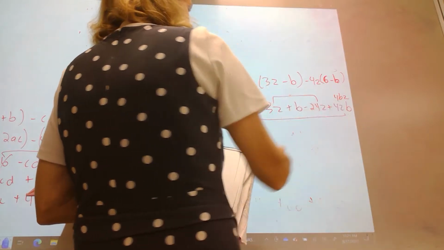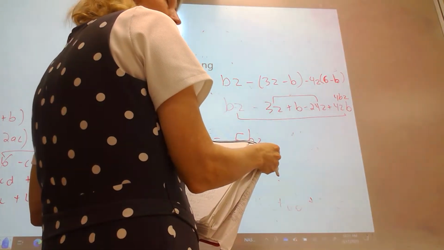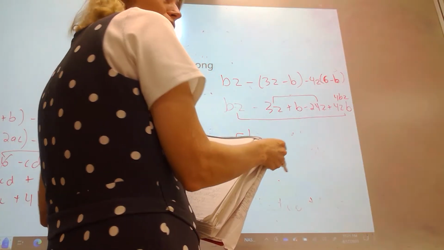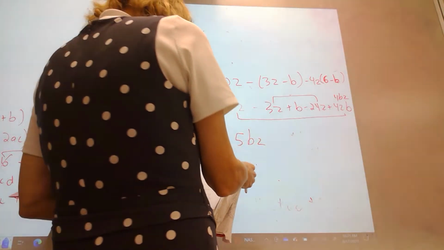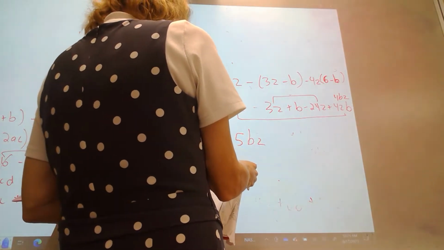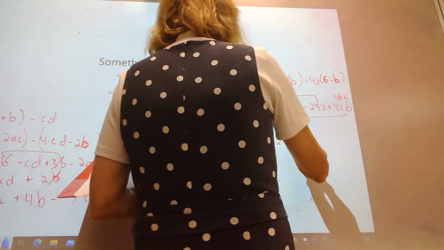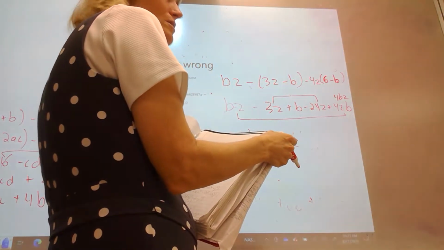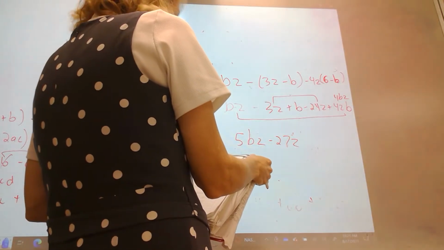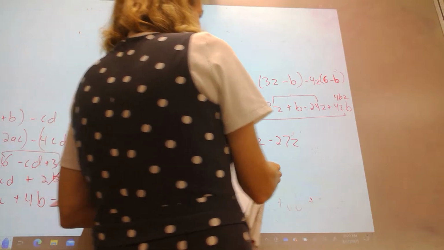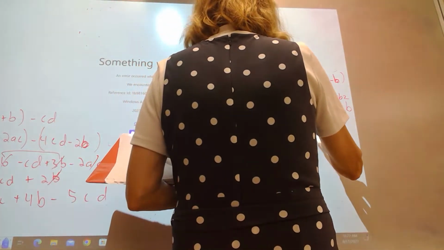We've just added 1 plus 4. Minus 3z minus 24z. Jaden, what's that? Minus 27z. You're just doing minus 3 minus 24. And then the last one we have is just plus b, which doesn't combine with anything.